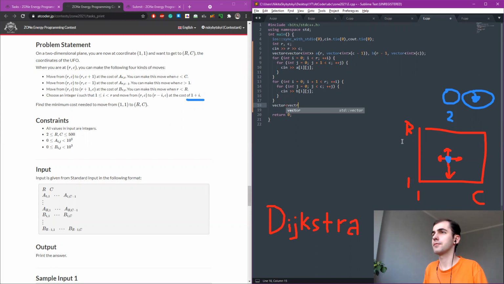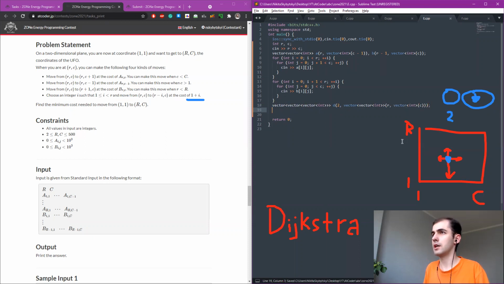So we have a two-dimensional array of distances. Or well, actually, I don't remember what was the right way to write it, so I'll just do a really ugly three-dimensional distance matrix. I understand that you don't like it.